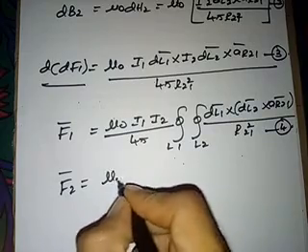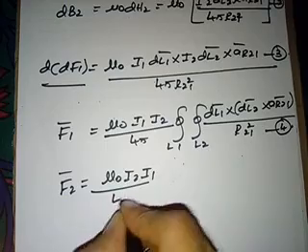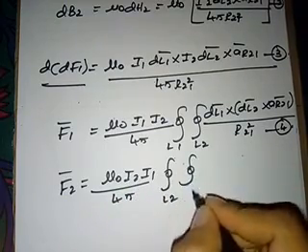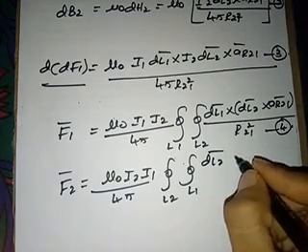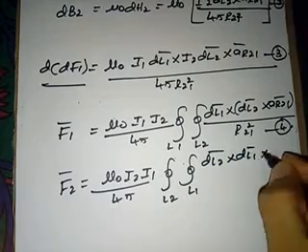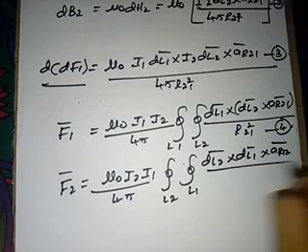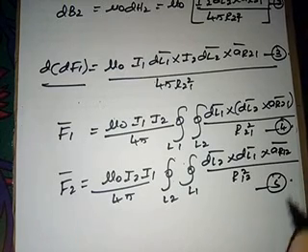So F2 is given by mu naught I2 I1, divided by 4 pi, into integration L2 and integration L1, dL2 bar cross dL1 bar cross aR12 bar, divided by R12 square. Take this as equation number 5.